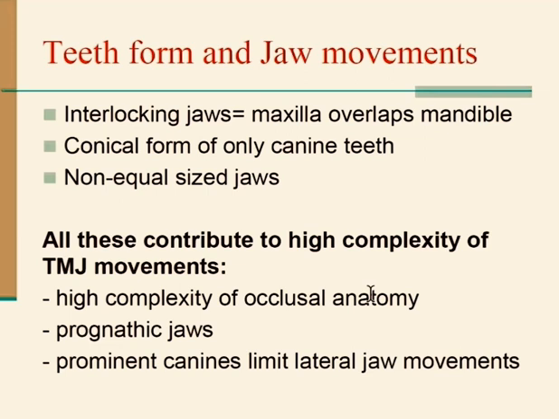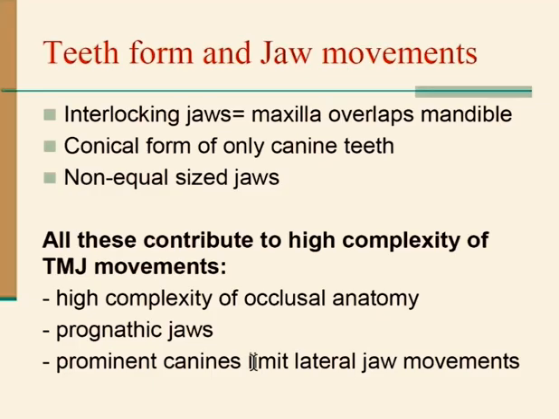What we say here for the conical form of teeth: the canine teeth are prominent in the humans, and they do not have the conical shape. The conical shape in the canine will help limit the lateral excursions. It serves as a stop.